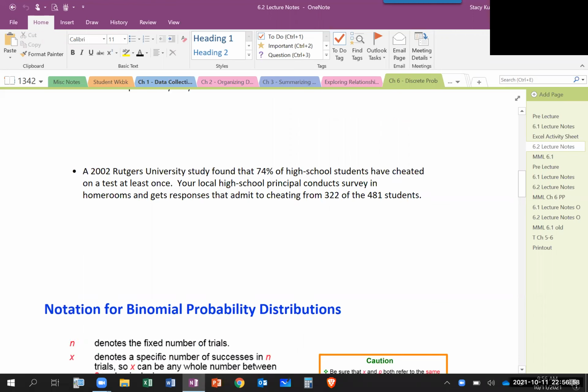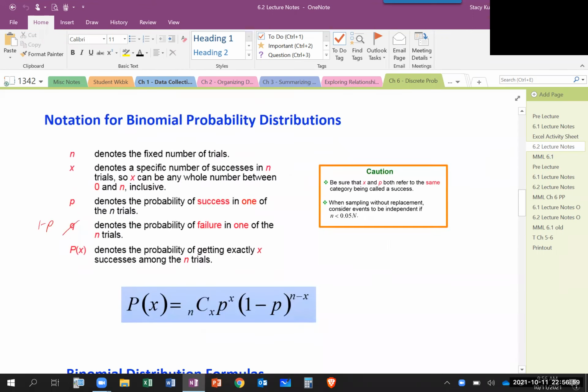Okay. Now, here, there's a slot on the handout that I gave you for you to be able to fill in the variables that we're talking about here.